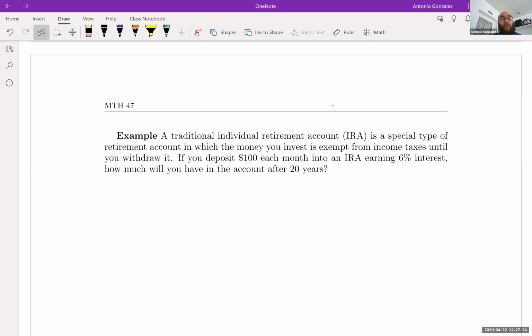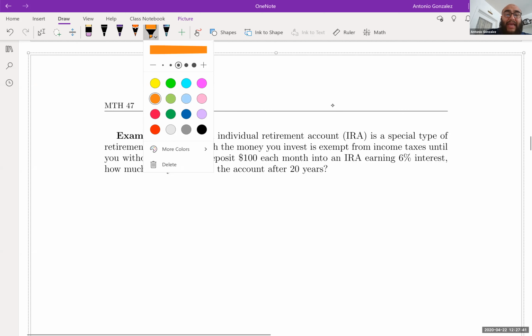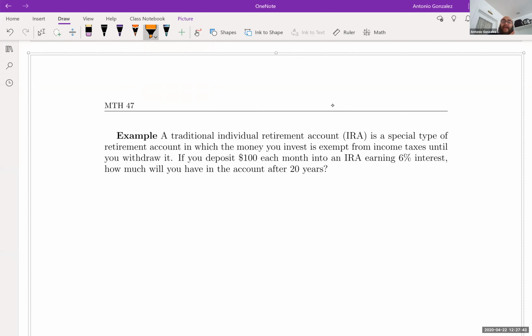If you deposit $100 each month into an IRA earning 6% interest, how much will you have in the account after 20 years? At this point, we have two formulas to choose from, the compound interest and the annuity formula. Which one do I choose?